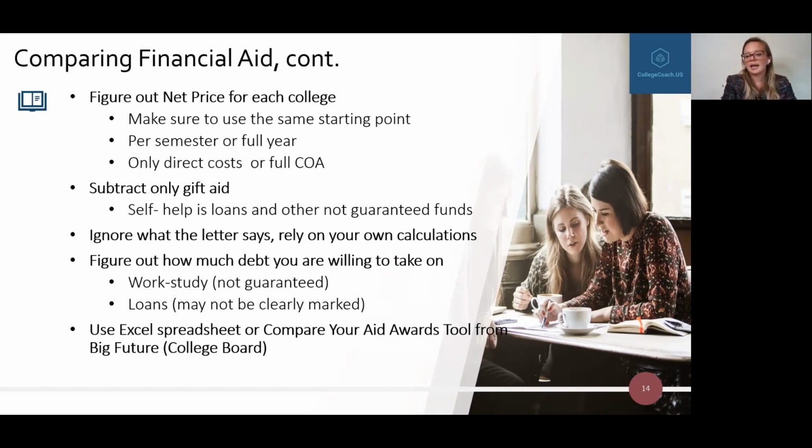And then again, use your own spreadsheet, or there is a really good tool on the Big Future website from College Board. It's called Compare Your Aid Awards Tool. I don't know, maybe I am just a little bit old-fashioned when it comes to this stuff.